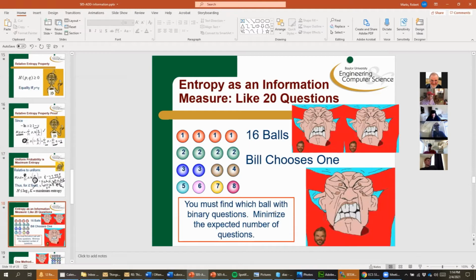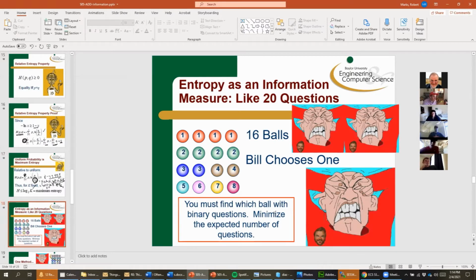Suppose we have 16 balls in an urn. I have no idea why they always place the balls in an urn, but we have 16 balls. 4 of the balls have a number 1 on them. 4 of the balls have number 2. You can see there are 2 balls with number 3, 2 balls with number 4, and 1 each of 5, 6, 7, and 8. So you place it in an urn, you juggle it, and then you reach in and you choose one.